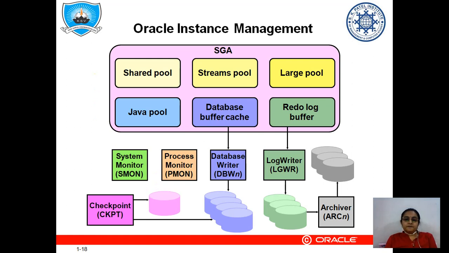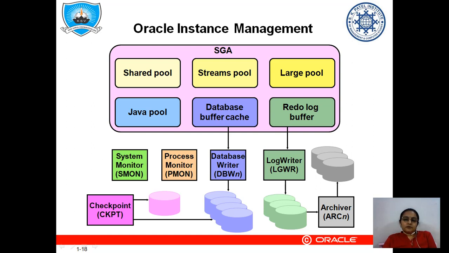Let's proceed. This diagram helps us understand how the database buffer cache writes to the data files. The purple shade is the data files, and the log writer writes the redo log files.